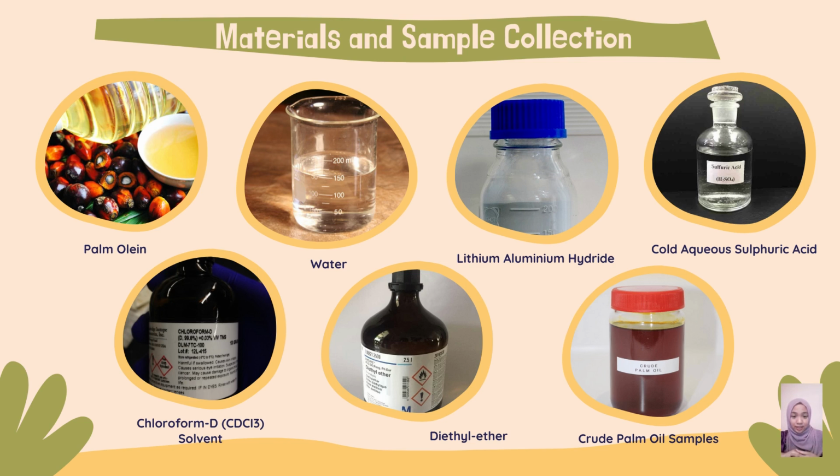The materials and chemicals used in this experiment include palm oil, water, the catalyst lithium aluminum hydride, which is a gray solid and an effective reducing agent that can be used in chemical synthesis to reduce esters and carboxylic acids to alcohols, aqueous sulfuric acid, chloroform D solvent, which is a standard purity solvent for NMR, nuclear magnetic resonance analysis.